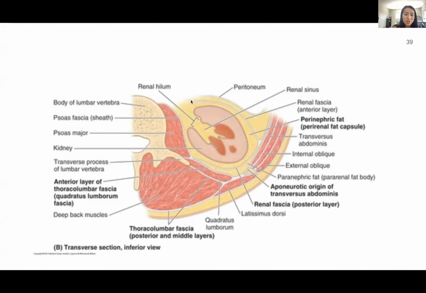You don't need to know what surrounds the kidney, that's too much, but you do need to know what muscle this one is, what muscle this one is, and this one is. Those are the important ones. So just remember what they are. And if you want to be extra, you can learn the fascia as well.